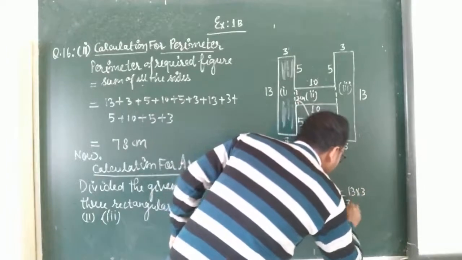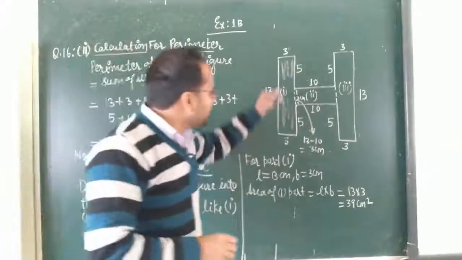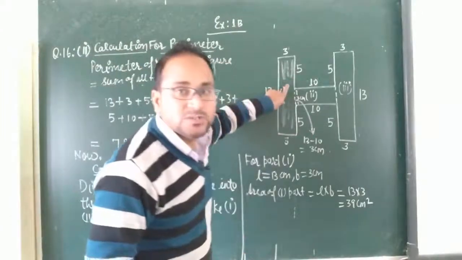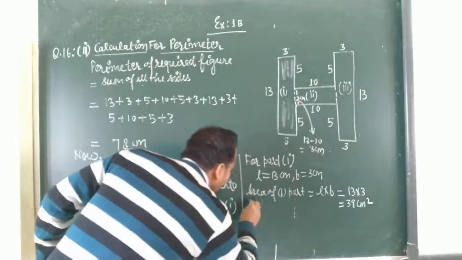You will get 90 centimeter square. The first portion is similar to the third portion, so its area is also similar.